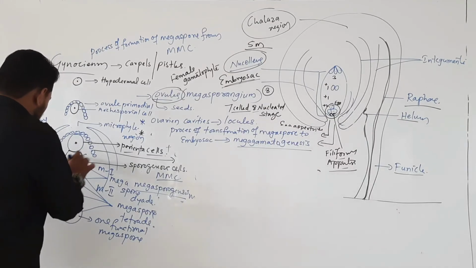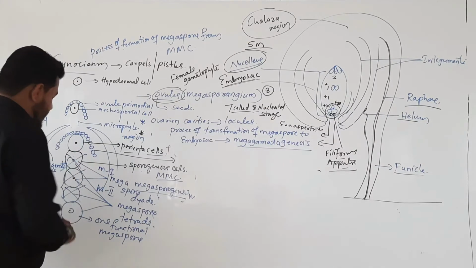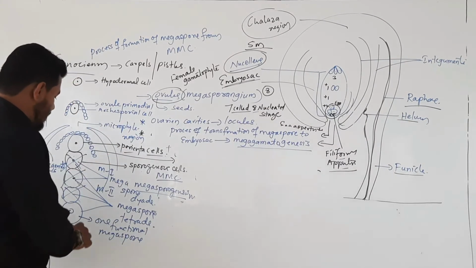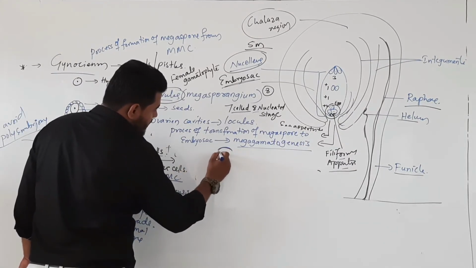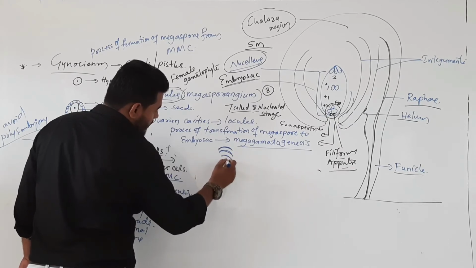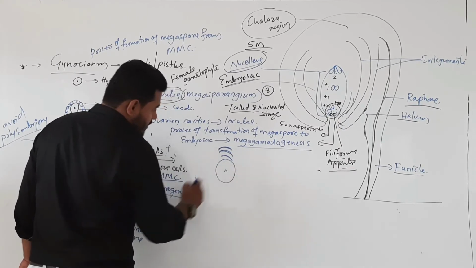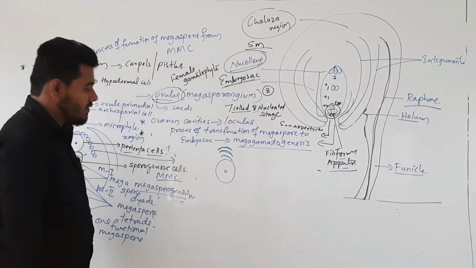Remember, these all are degenerated. Only one functional megaspore is left. So you can see that this is degenerated megaspore, and this is one functional megaspore.